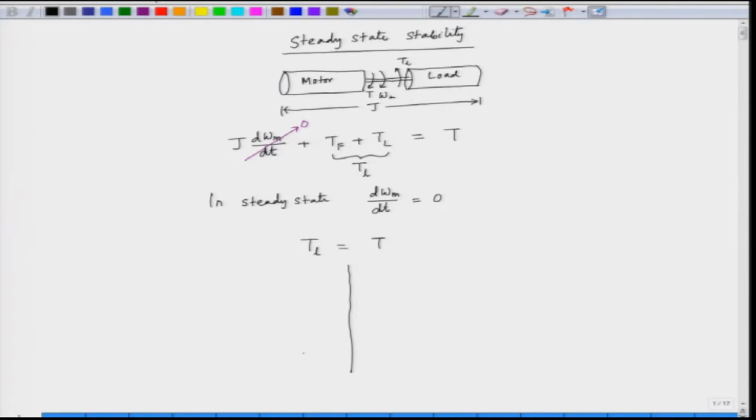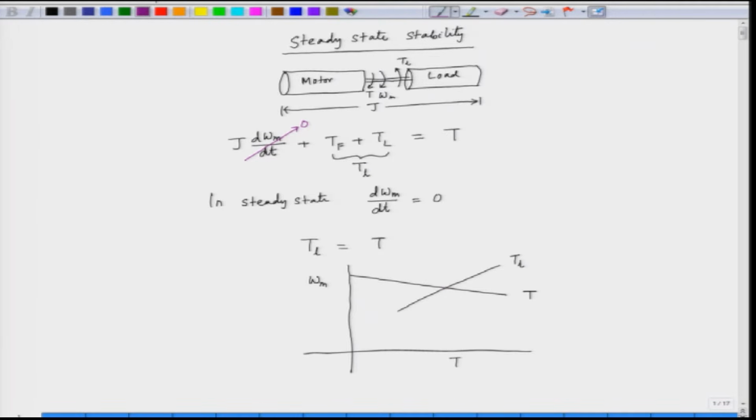So, we have, let us say, the speed torque plane omega m and T here, and let us say this is our motor characteristic T, and we have the load characteristic which is this one, T L, and the intersection of these two decides the operating point.